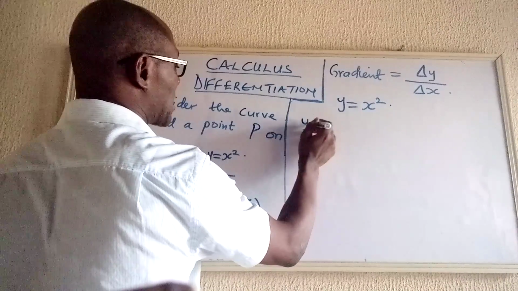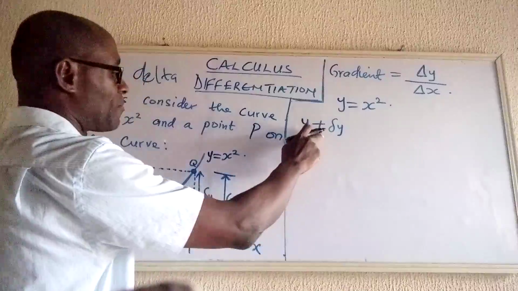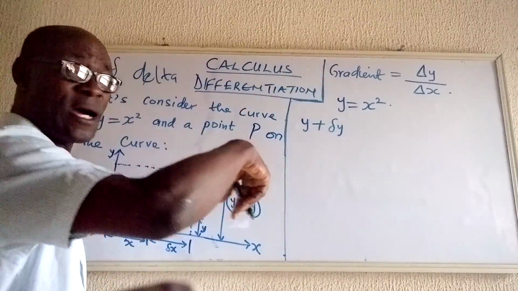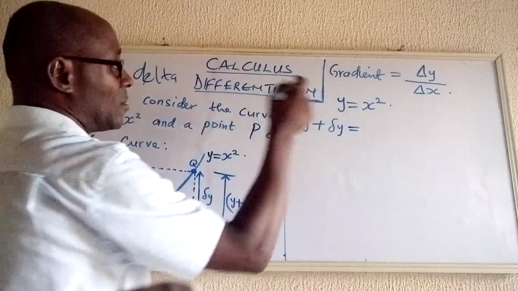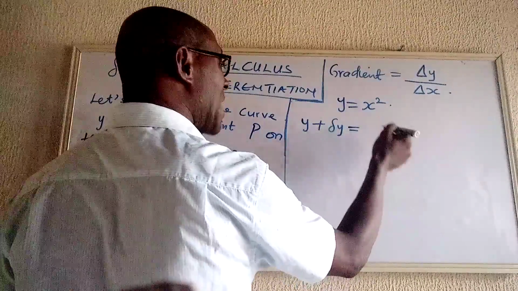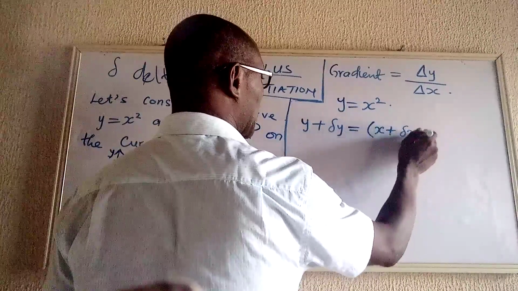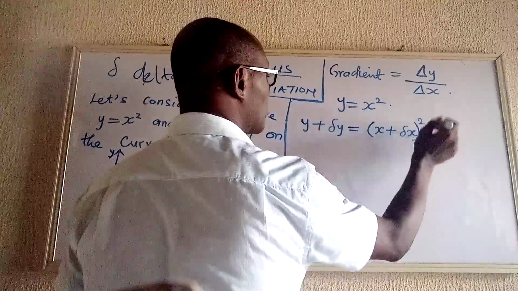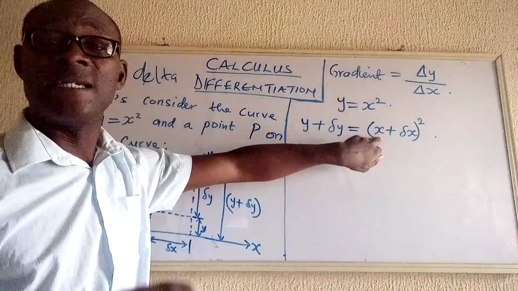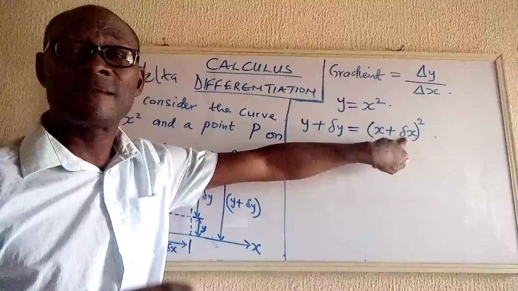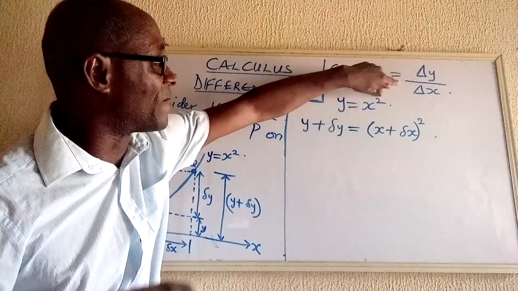Then y is no longer y, it's now y plus delta y. That is y plus the increment in y equals to what happens to this side also? That will be x plus delta x, then raised to power 2. Because this x is no longer x, it has increased by delta x.